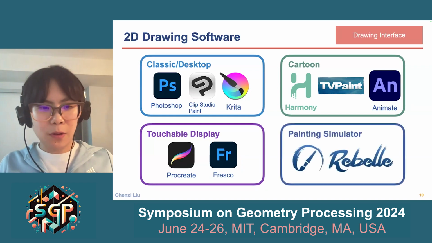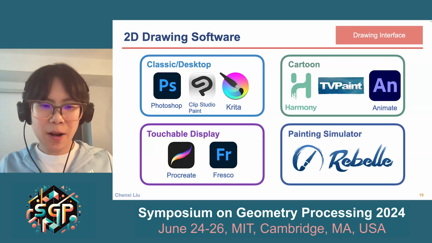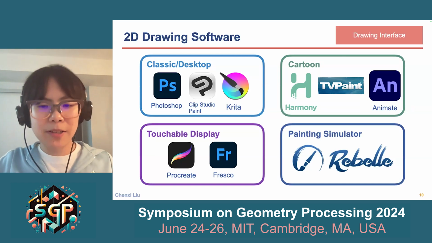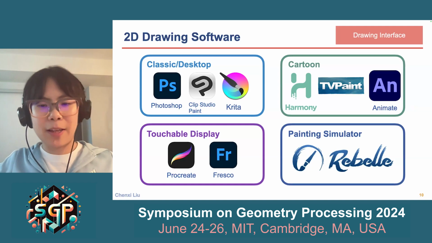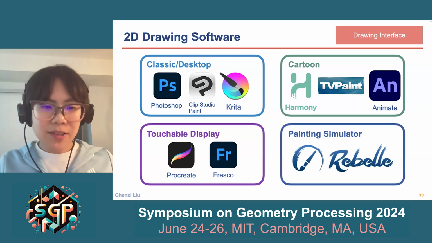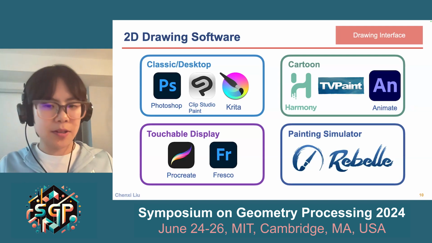This is not fully related, but Rebelle is a painting simulator. I'm mentioning this one because this is the one used to create stylized animation in the recent Spider-Man animation movies, which may be interesting to some of you. Many research questions I'm going to cover can be mapped to practical features in this software.